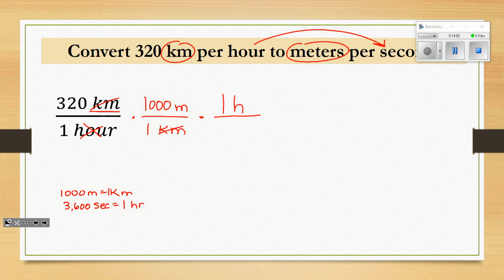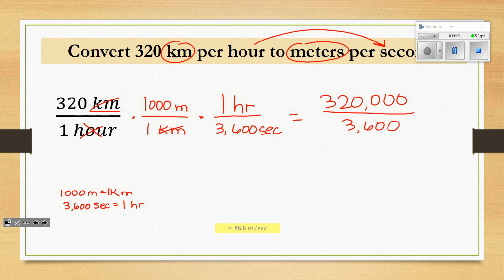So 1 hour equals 3,600 seconds. Now we multiply across the top, and we have 320 times 1,000, which is 320,000. And on the bottom we have 3,600. And when we divide those in our calculators, we get approximately 88.8 meters per second.